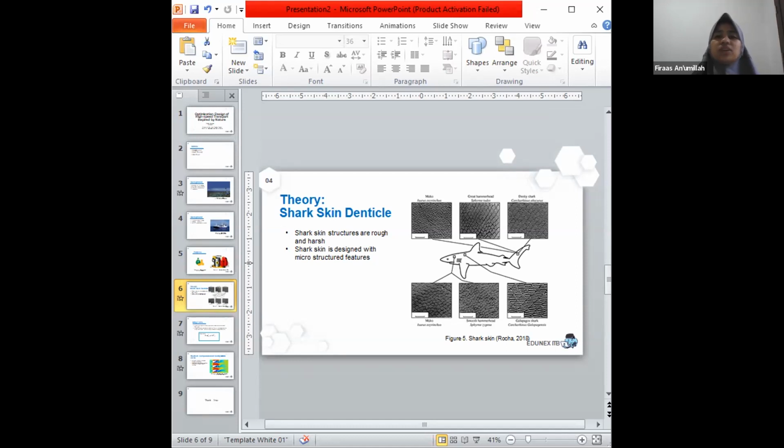Mimicking biological shark skin denticles is an example to see how nature can inspire us to come up with ideas about many things. By studying and understanding mechanisms of natural phenomena, humans can reproduce these phenomena on demand.